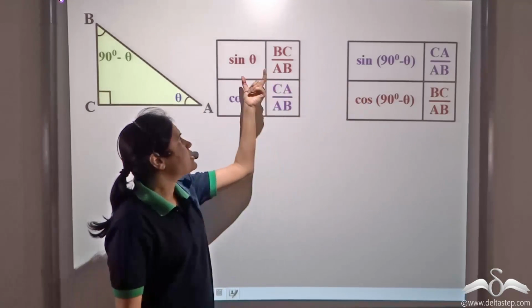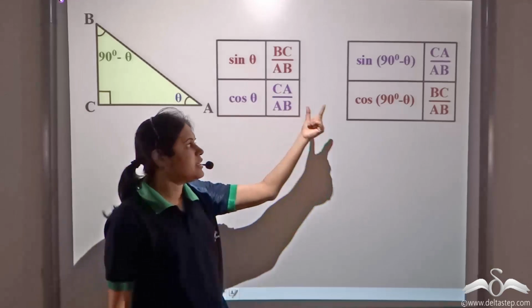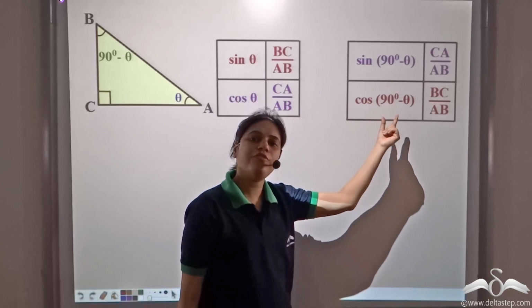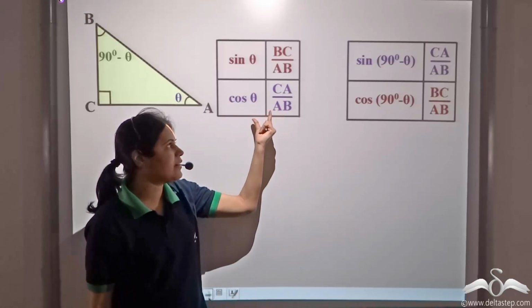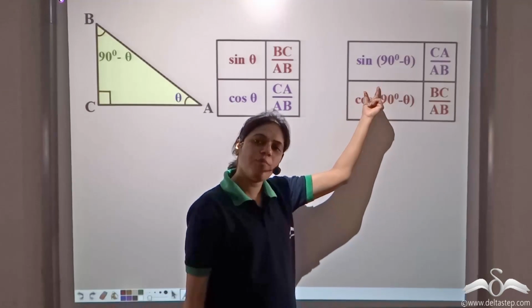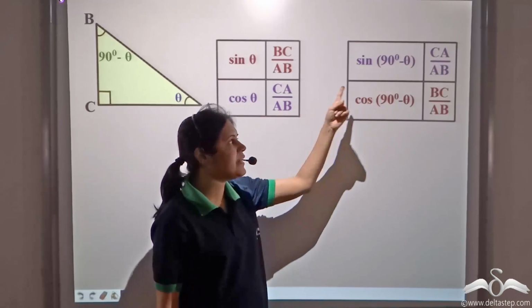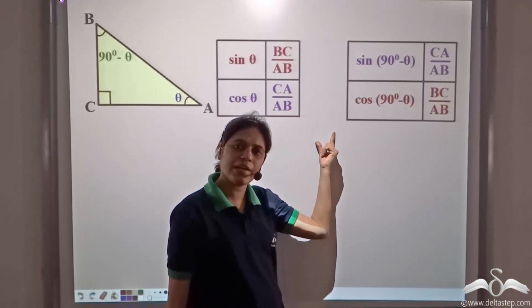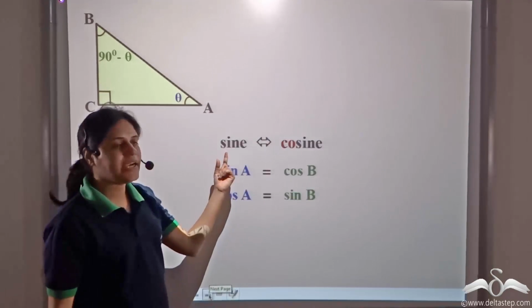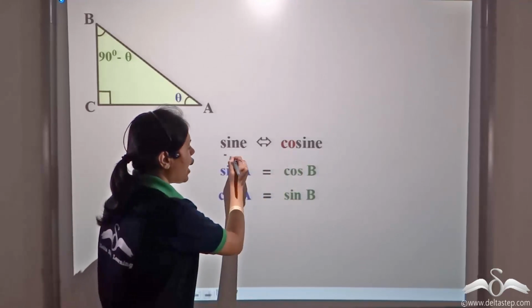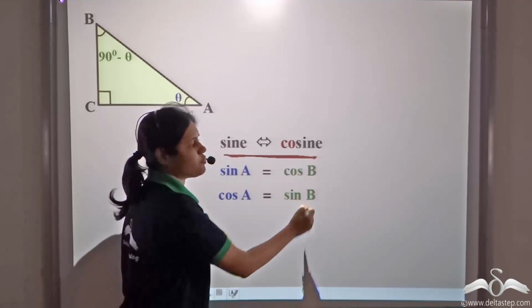That is, sine of an angle is equal to cosine of the complementary angle, and cos of an angle is sine of the complementary angle, because theta and 90 minus theta are complementary angles. So we can say that sine and cosine are complementary ratios.